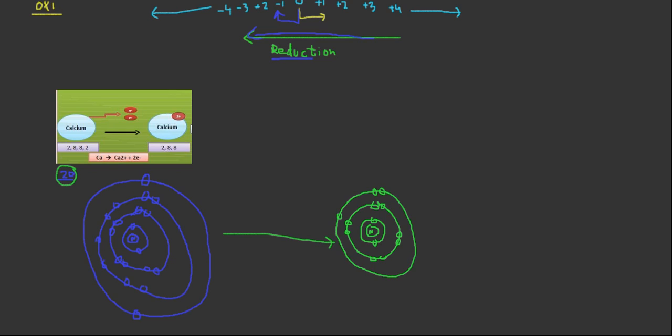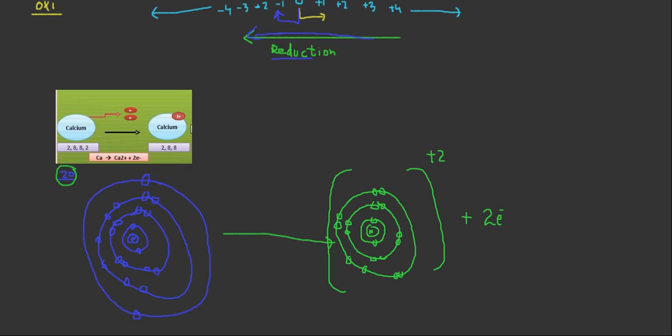The 2 electrons that were present in the valence shell are now lost by this calcium atom, and hence it is converted into an ion which has positive 2 charge. Here you have to mention those 2 valence electrons that are being lost by this calcium atom.